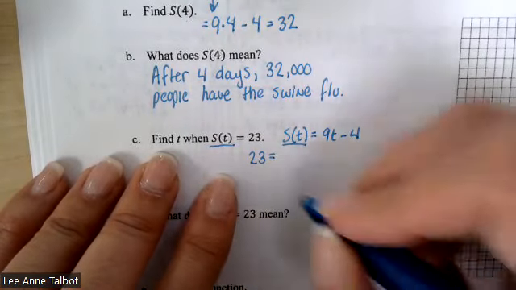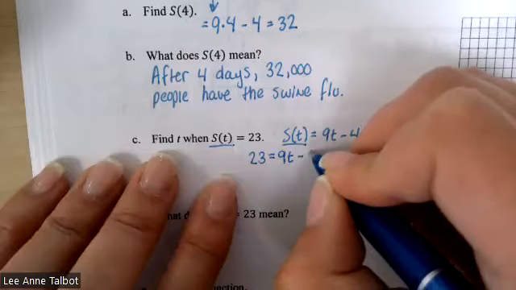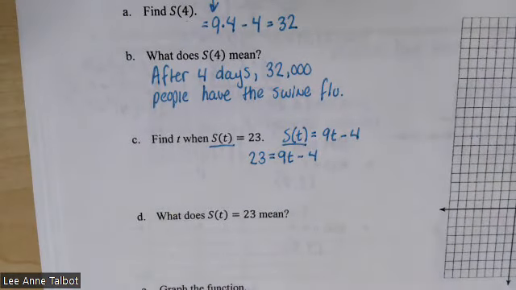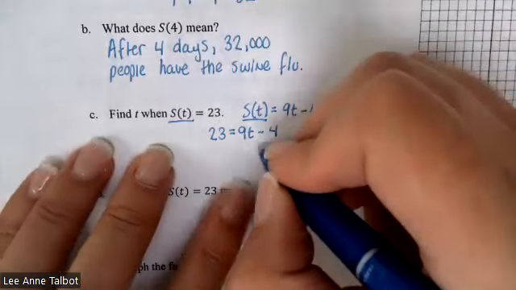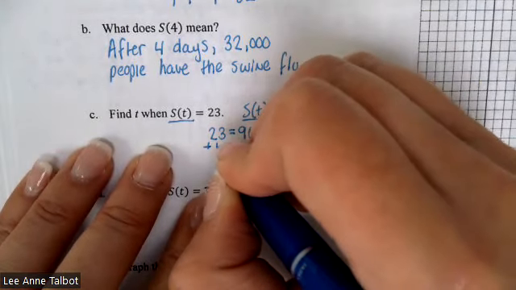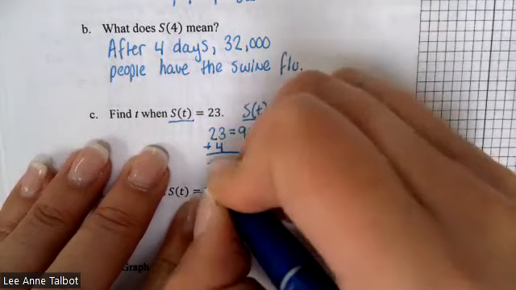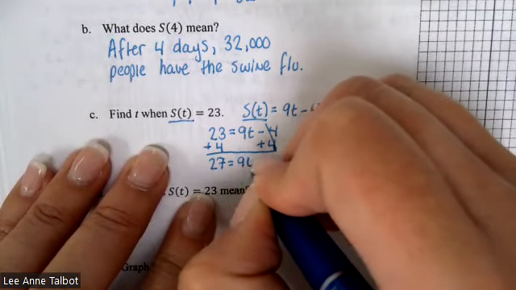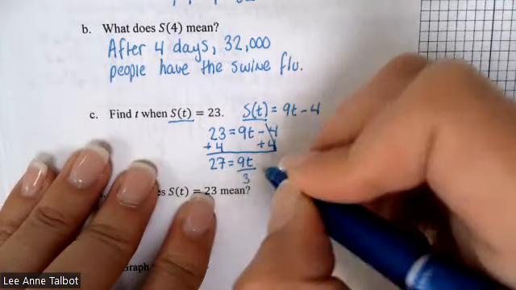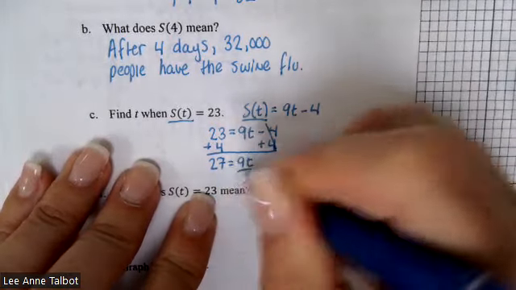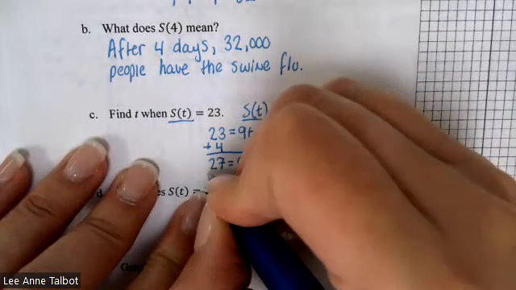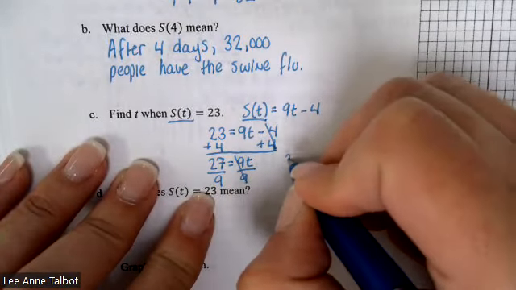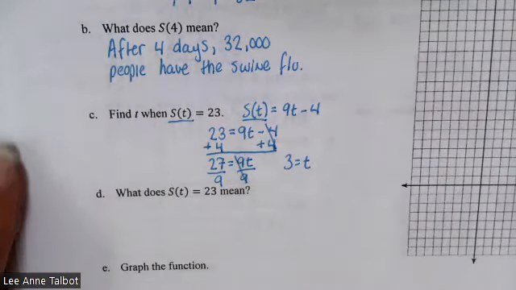So 23 equals 9t minus 4. Plus 4, plus 4. 27 equals 9t. Divide by, I just wrote the answer. My brain moved faster than my hand did. Divide by 9. 3 equals t.